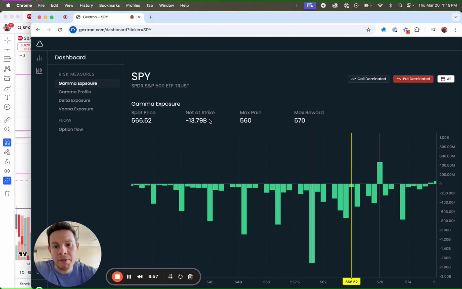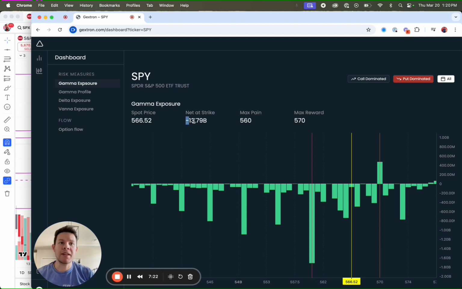Back to what I was saying about this number right here. Okay, how do I know? This is just from our studies looking at trading SPY. When SPY is between negative 3 and positive 3 billion, anywhere in between that range is almost like sideways.